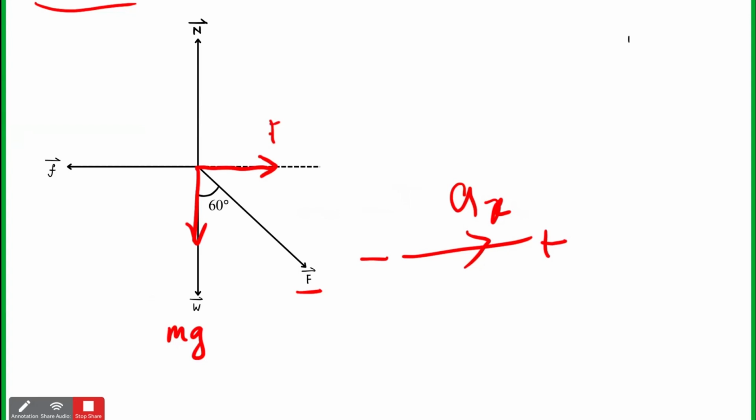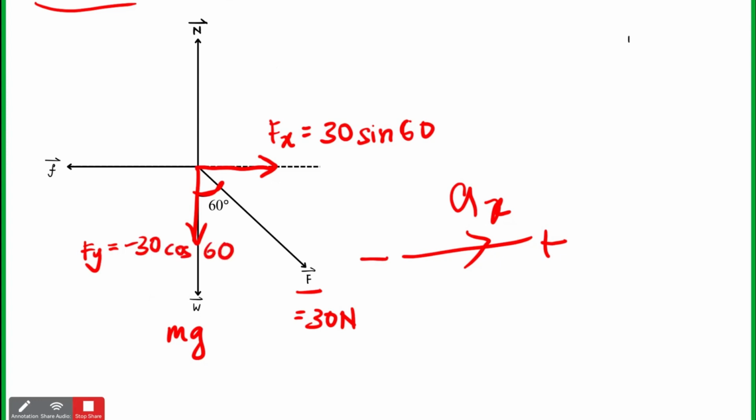So Fx equals 30 sine 60, because it's the opposite of the angle theta, while Fy equals negative 30 cos 60 because it's directed downwards, so the value is negative.